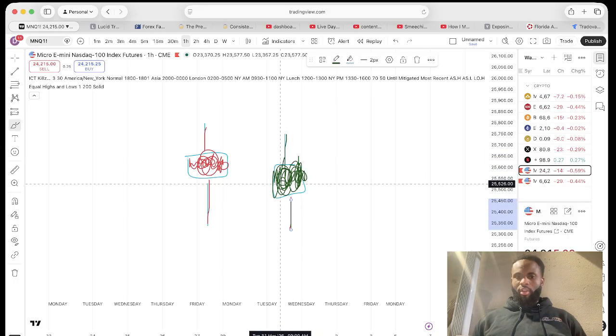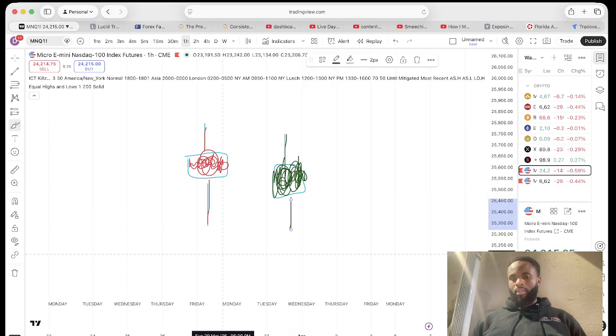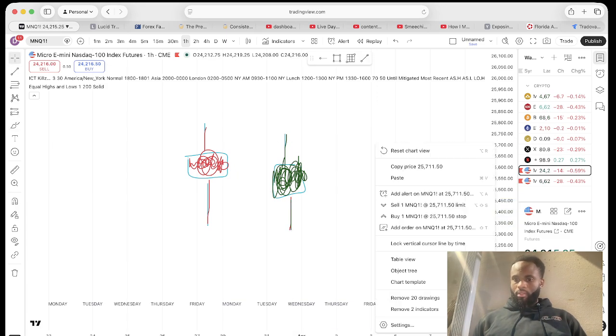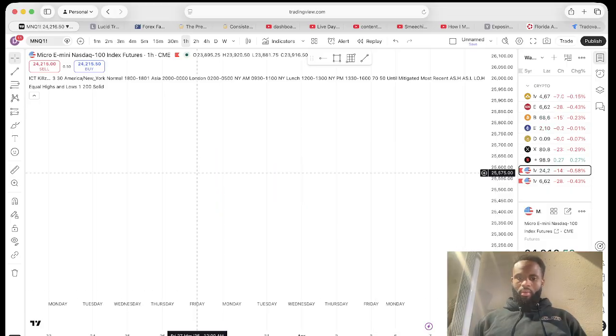Remember, green means up, red means down. This is an up candle, a bullish candle, and this is a bearish candle. Now, let's get rid of these drawings.